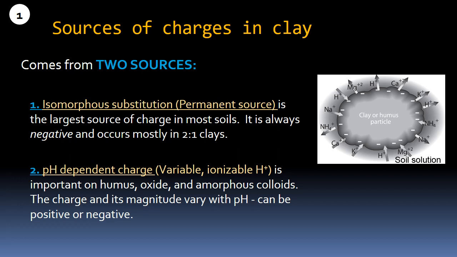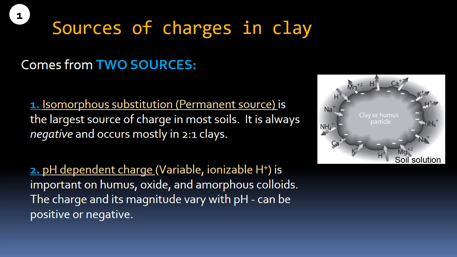Basically, isomorphous substitution is considered the largest source of charges in most of the clays. This is very common for 2-to-1 types of clays like vermiculite, illite, and other types like chlorite. And they result in negative charges.